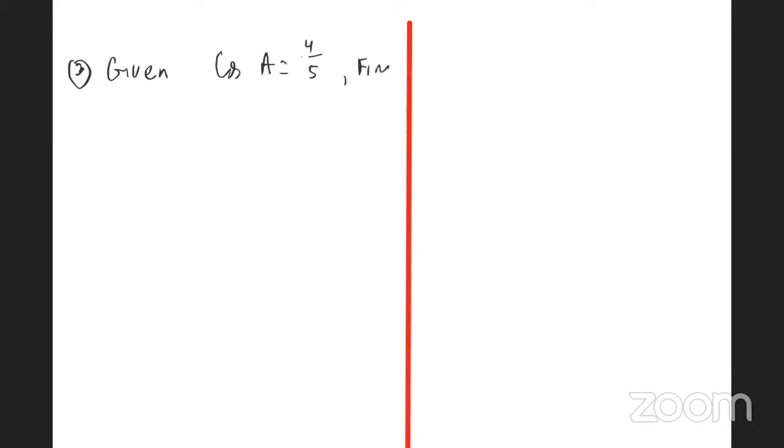I would like you to find a few things for me. Find for me sine A, find for me tan A, and find sine 2A. Find all those things, please.